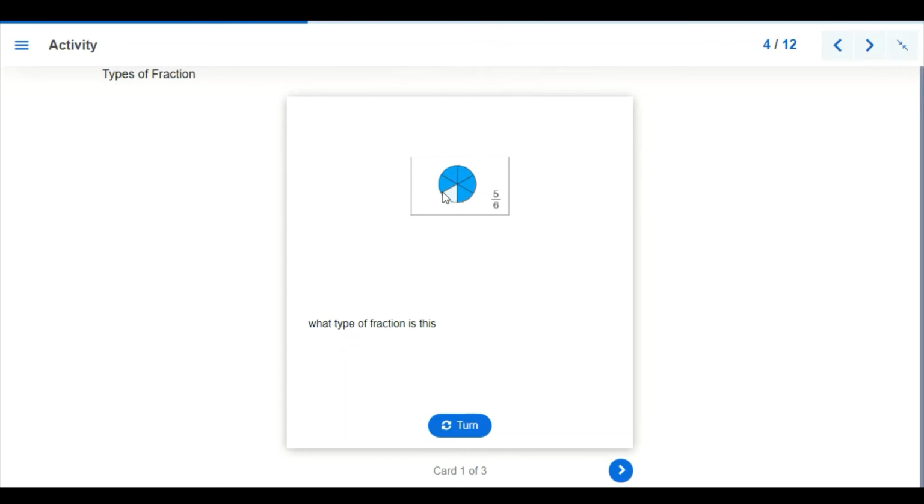Let's look at this type of fraction. What type of fraction is this? If you look at this circle, it is divided into 6 and 5 of it is shaded. So we can refer to this as a proper fraction, because the numerator is smaller than the denominator. Now let's go to the next one. This is 8/6. We combine these two circles together.